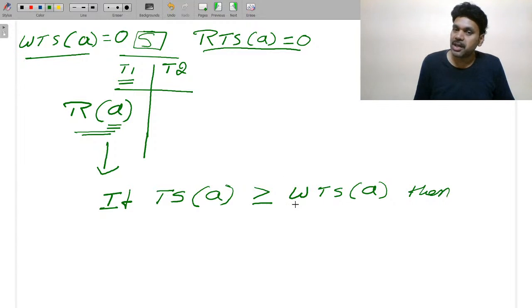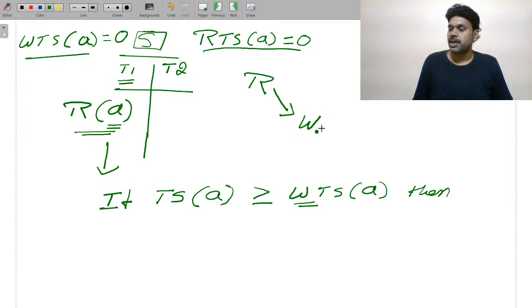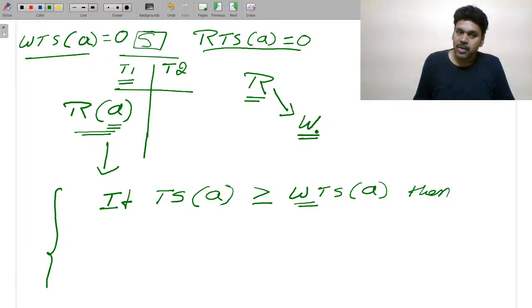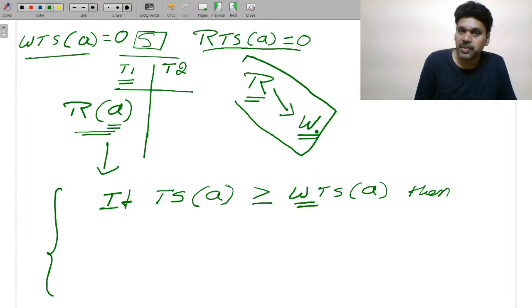Why am I checking with write? Because read conflicts only with write. That's why this validation is checked only with the write timestamp, as a read operation may conflict with only a write operation.